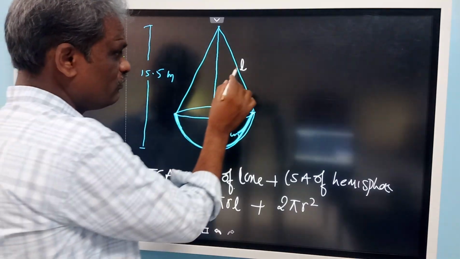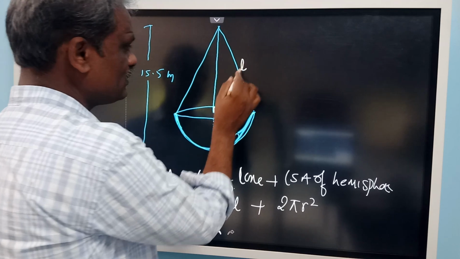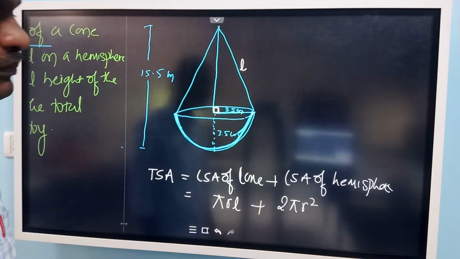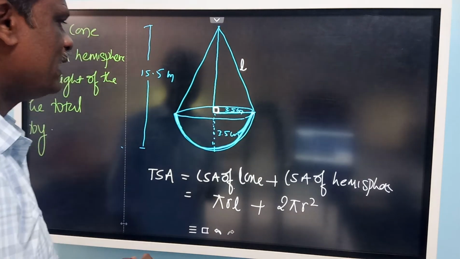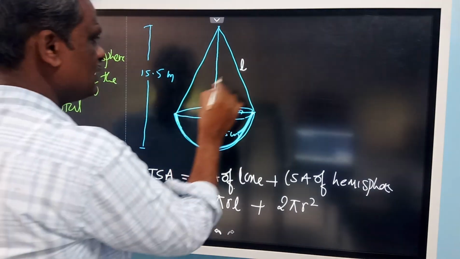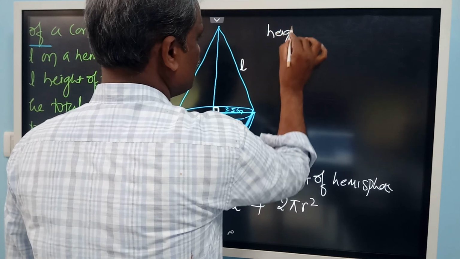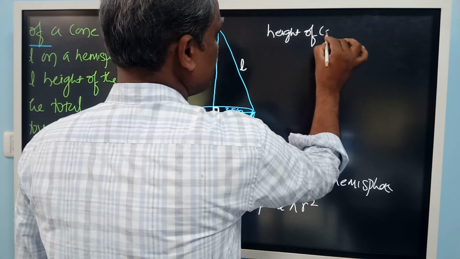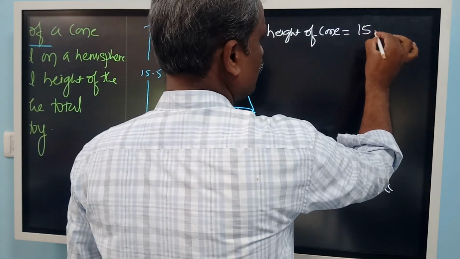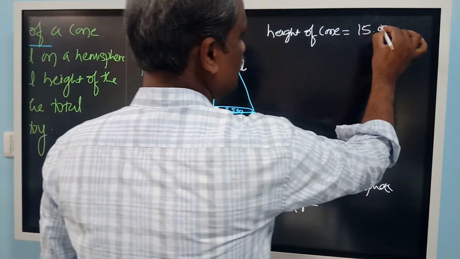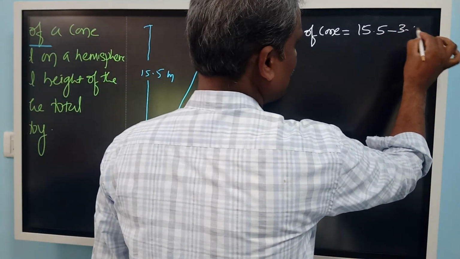To find the slant length, you know this is a right angle triangle. We need to apply Pythagoras theorem to find the slant height. For that we need this vertical height here. So height h of the cone is equal to total height 15.5 minus radius this side, that is 3.5 centimeter.